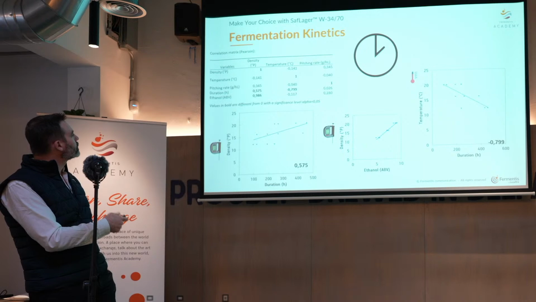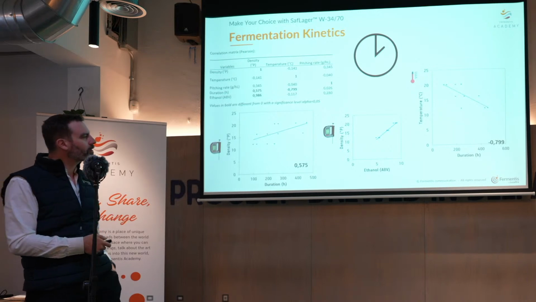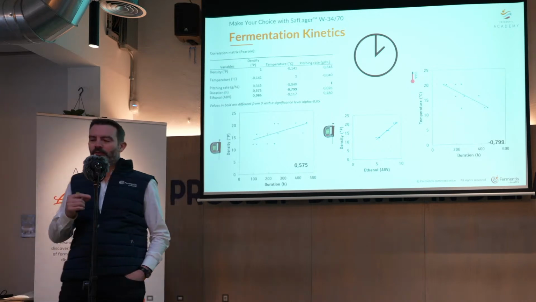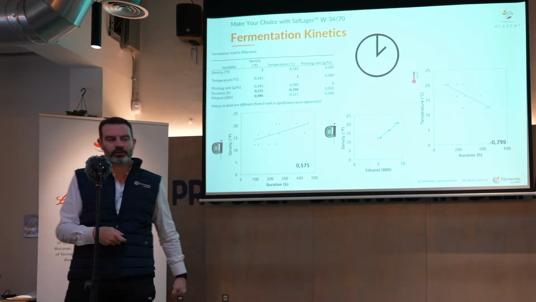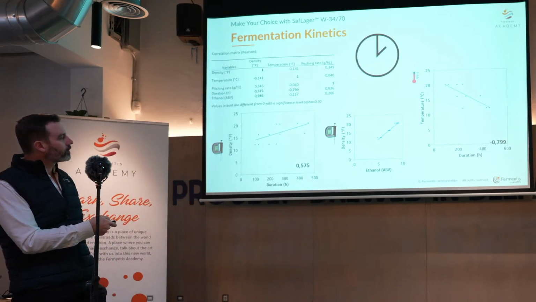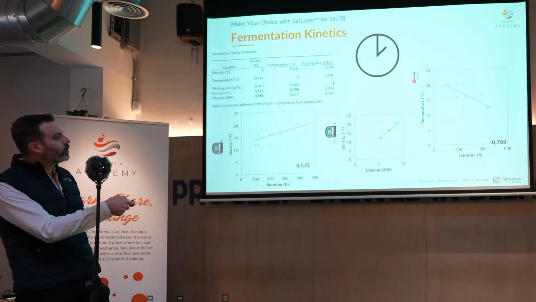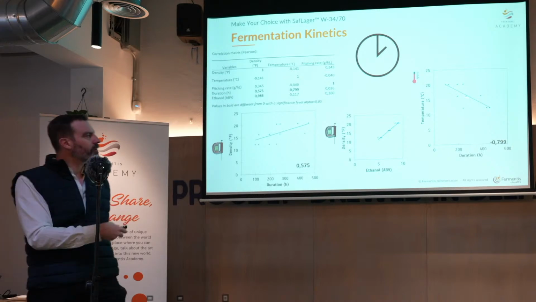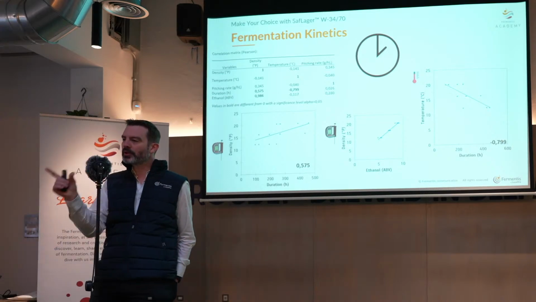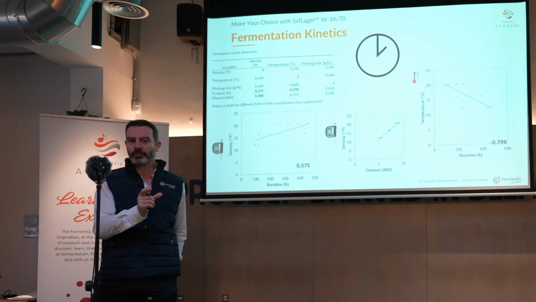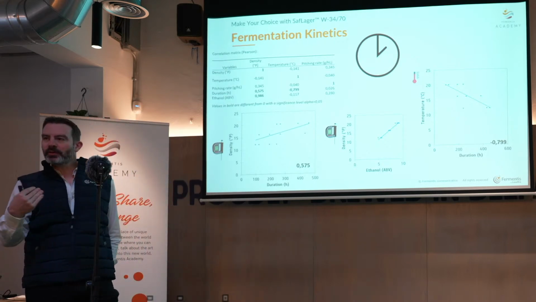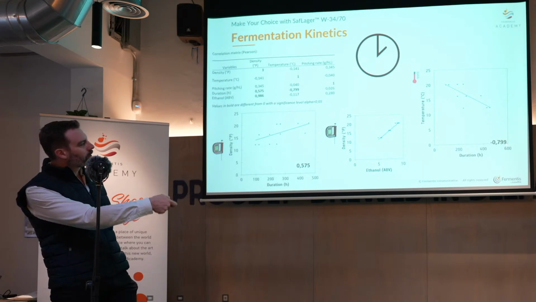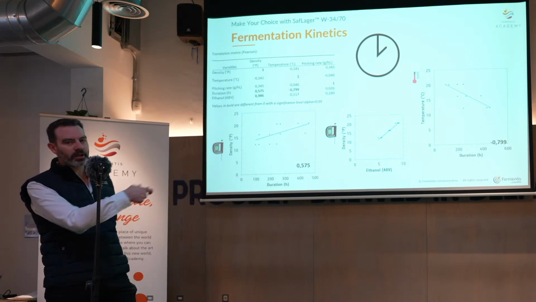So this is a bit technical. We are going to look at different parameters and how they affect each other. And what was really clear is that here we have a very, very big negative correlation between the duration of the fermentation and the temperature, which is exactly what I meant: when you increase temperature, you shorten fermentation time.